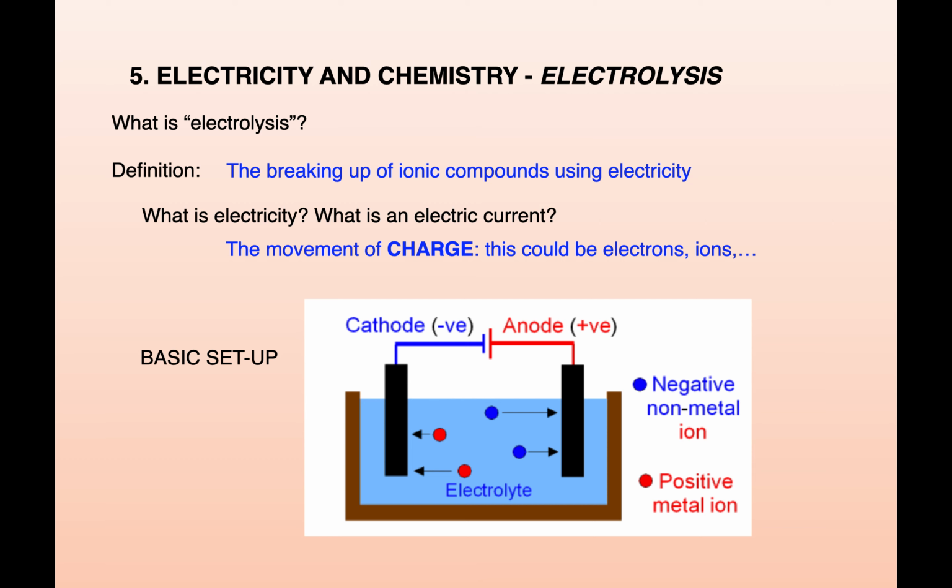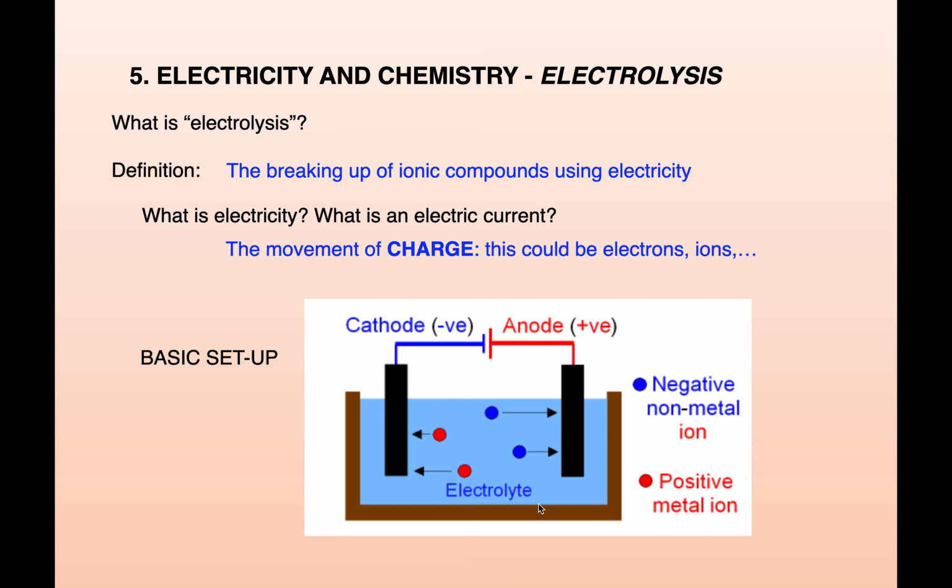That's the general term. In electrolysis, we have a basic setup, like that shown. You've got some kind of container. It's often glass in the laboratory, but this could be metal, especially if it's at a higher temperature. And within that, you have ions.